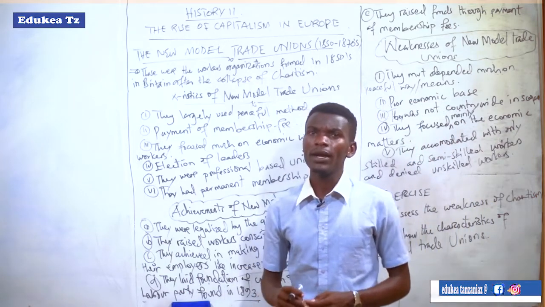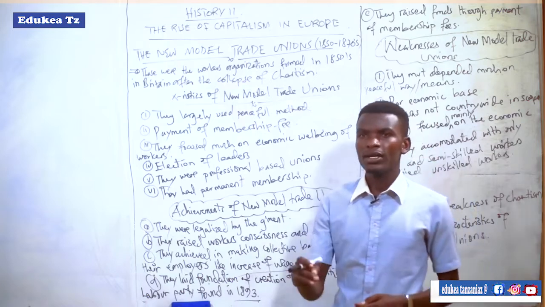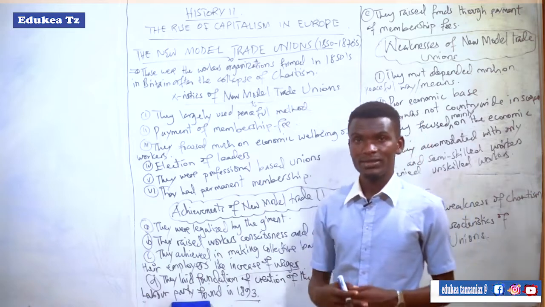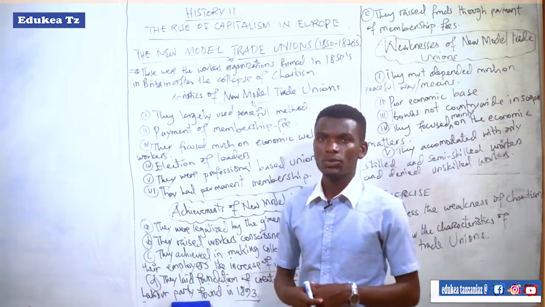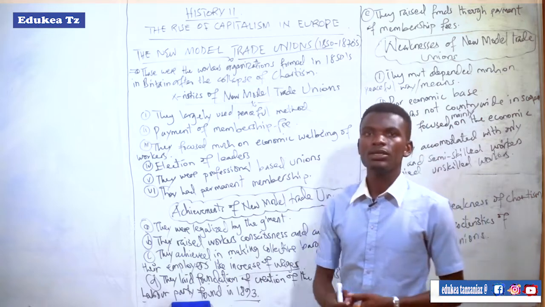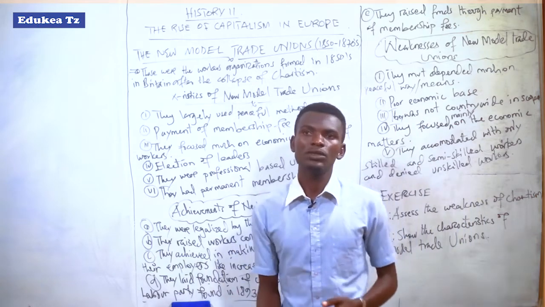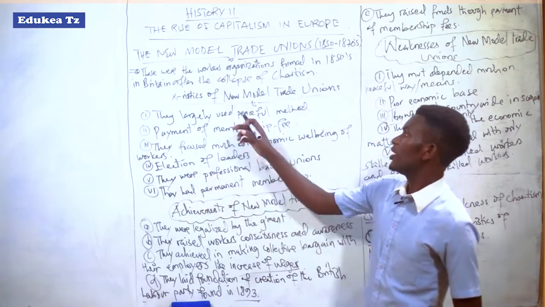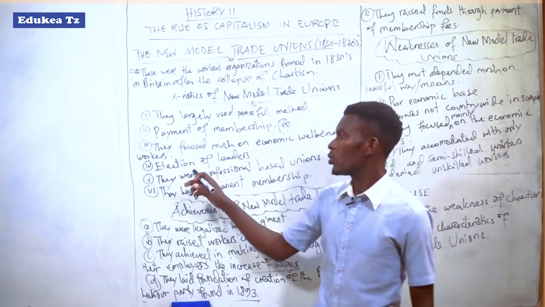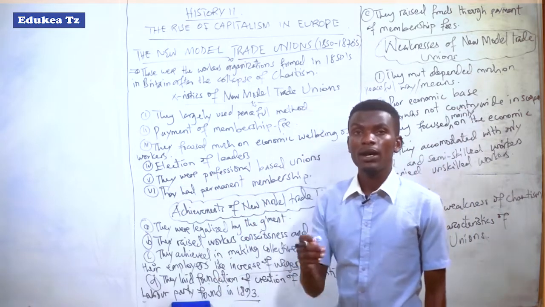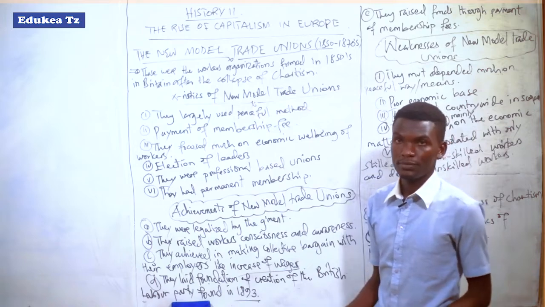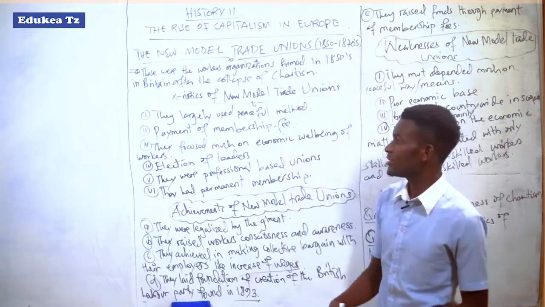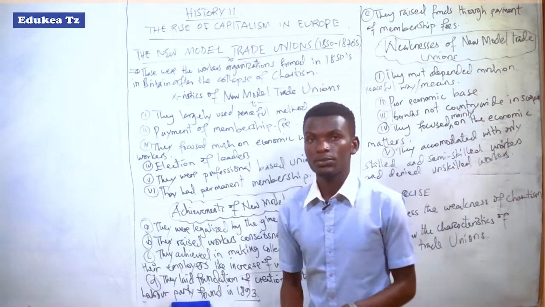Those leaders were secretaries in their unions, performing secretarial activities to ensure that the organizations ran smoothly and successfully. So you can see that the new model trade unions were different from former working class movements like Chartism, due to the presence of strong leaders and strong leadership.